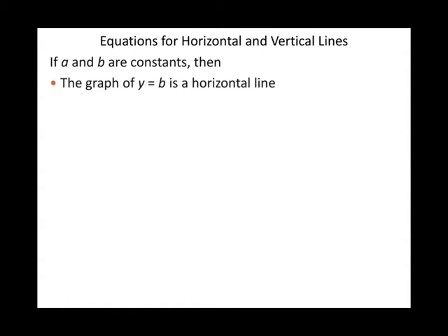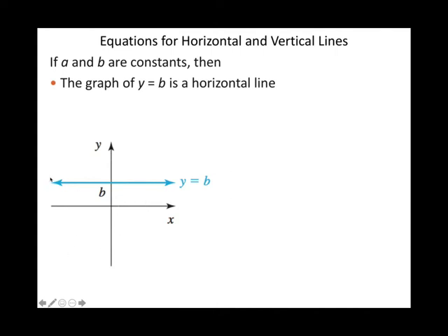Okay, equations for the horizontal and vertical lines. If a and b are constants, then the graph of y equal to b is a horizontal line. So you can see when you have this equation, there's no x in here, and b is a constant. y equal to b, we call this the horizontal line.